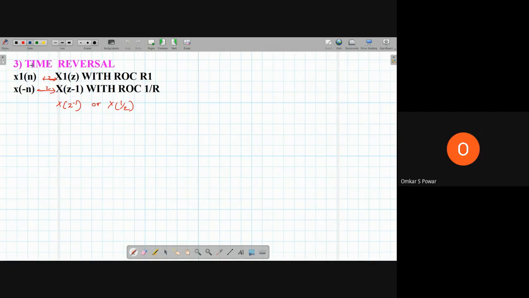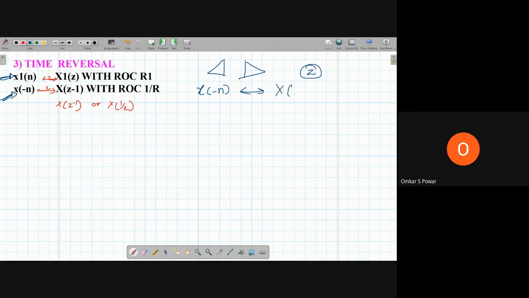As the name indicates, we have to reverse in time. So if you have a signal here, x of n, what is x of minus n? It is the reverse. So if you do this one, what happens in your z domain? So as you can see here, x1 of n, z transform is x1 of z. Then x of minus n, what will happen to the z transform?